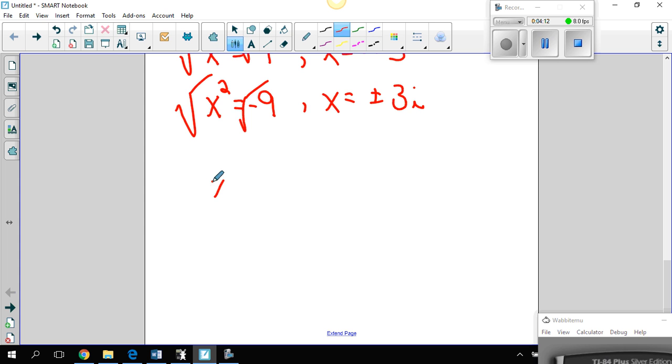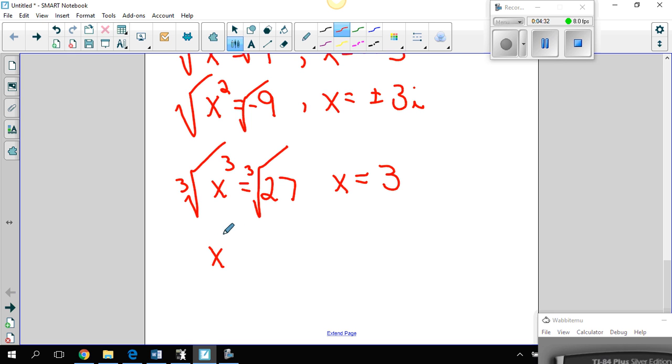Now, if you got x cubed equals 27, you take the cube root of both sides, the third root, and you get x equals 3. But what about the other two answers? Since you have x cubed, it's basically like the polynomial x cubed minus 27.